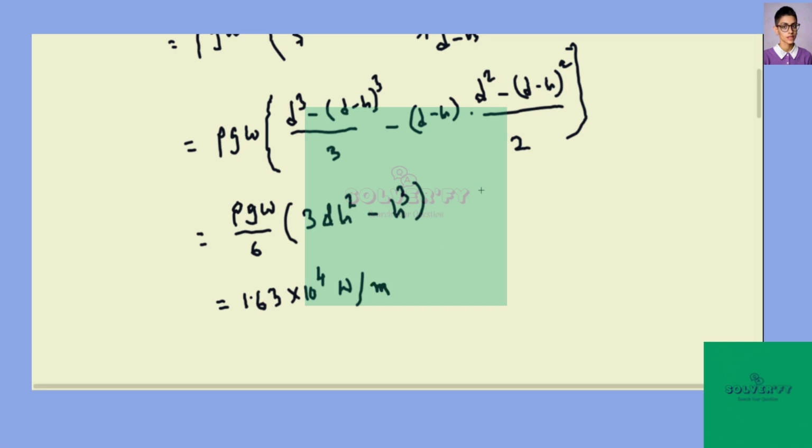We have used rho equals 1000, g equals 9.8, W equals 2, and H equals 1. So that is the answer.